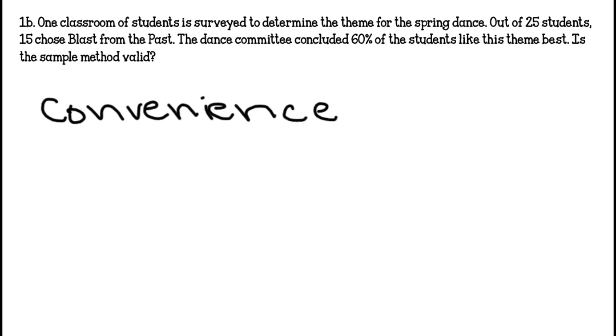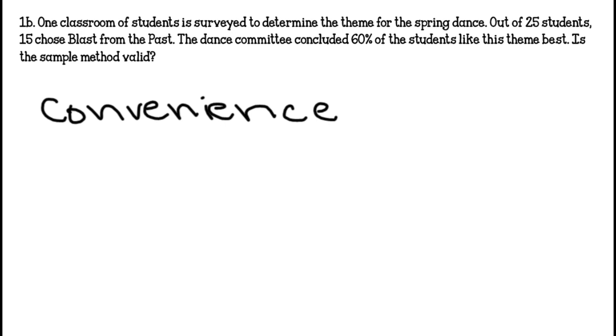1B: One classroom of students is surveyed to determine the theme for the spring dance. Out of 25 students, 15 chose Blast from the Past. The dance committee concluded 60% of the students like this theme best. Is this sample method valid? It is not, because it is a convenient sample; they just walked into one classroom. What if they had walked into the history nerds of all history nerds, who love studying history?